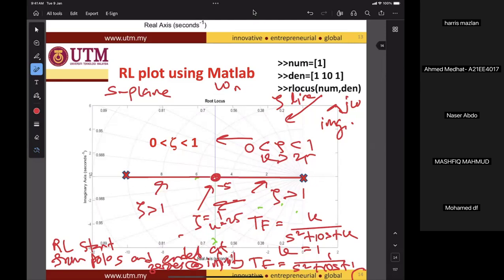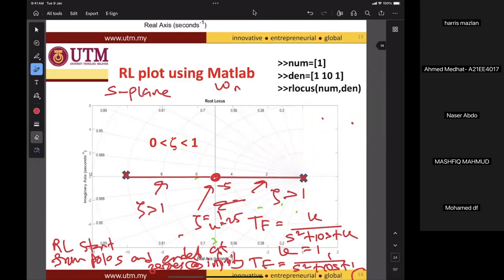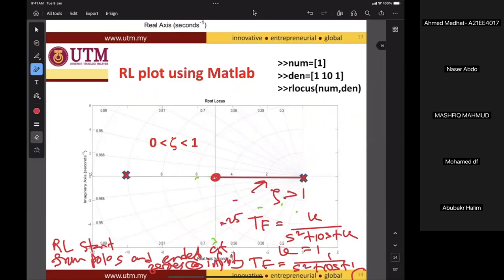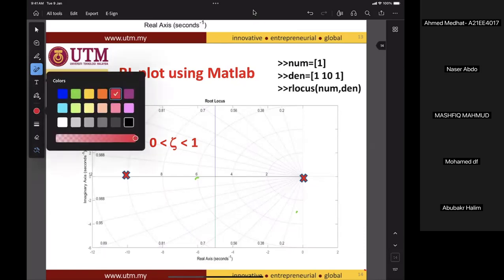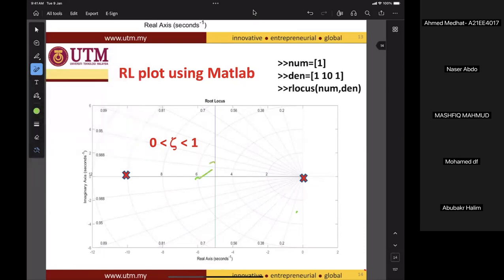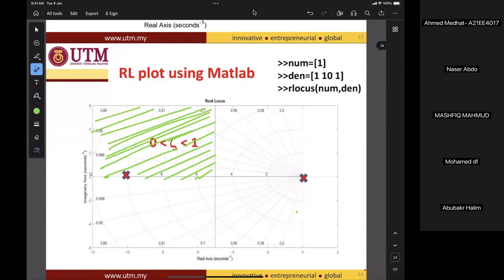So my concern actually is to tell you that the quadrant of concern is this quadrant, where the controller that we design must make the system work, where zeta is between 0 and 1.